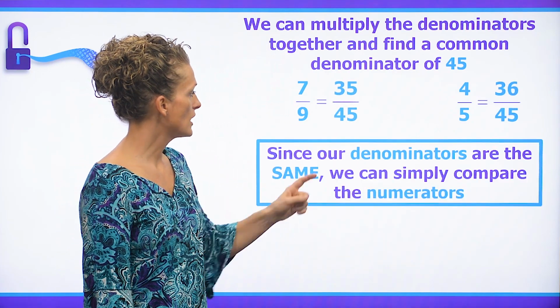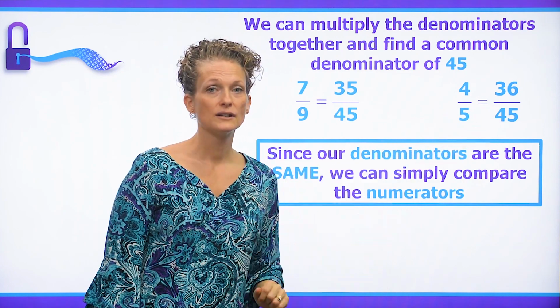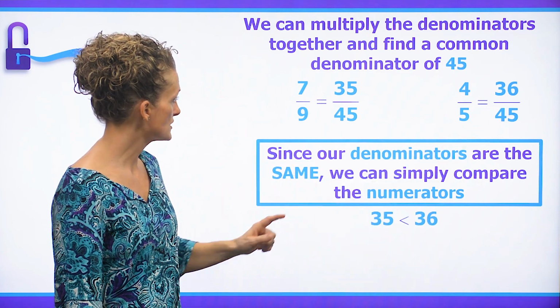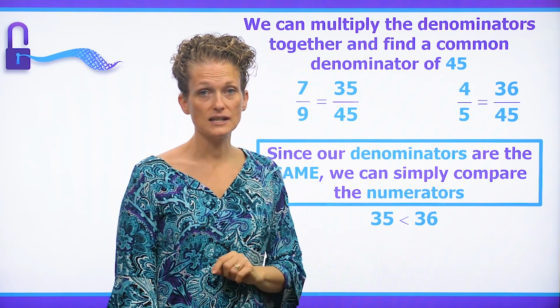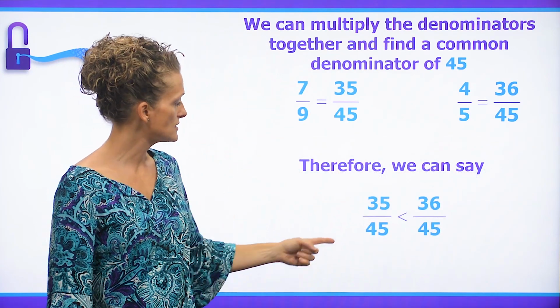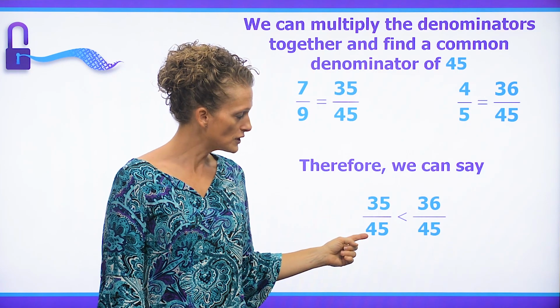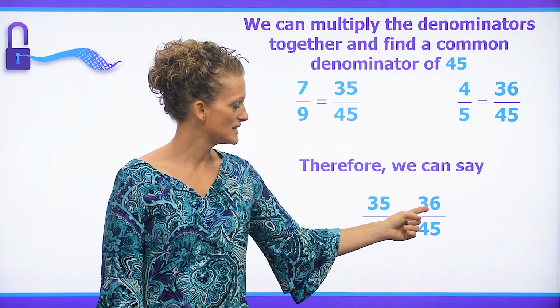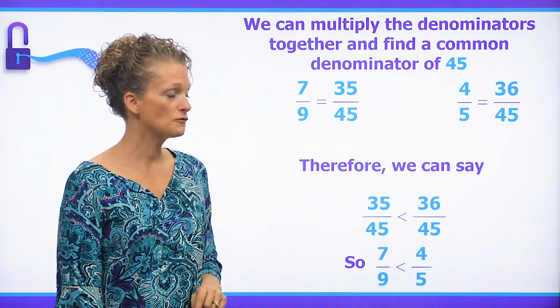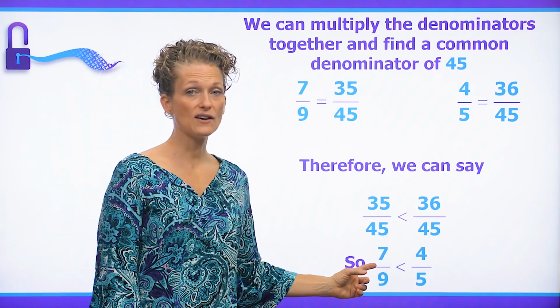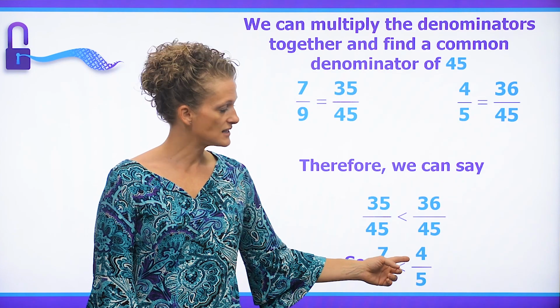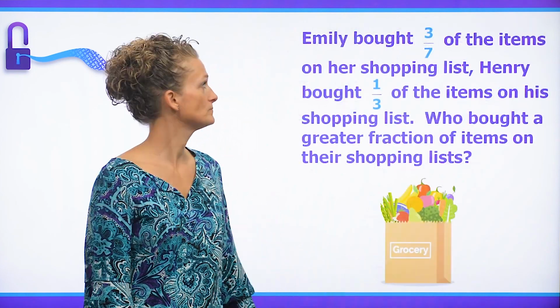And so now our denominators are the same, so we can compare the numerators. 35 and 36. 35 is less than 36, and so that tells us that 35/45 is less than 36/45. And if we go back to our original fractions, that means that 7/9 is less than 4/5.